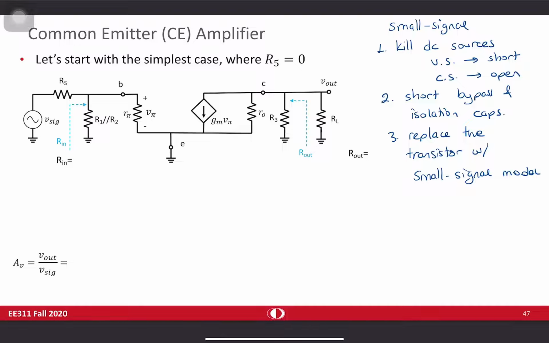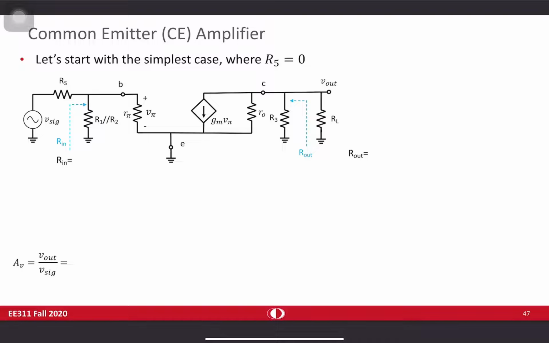Now let's find the three important parameters that we are seeking: input resistance, output resistance, and the voltage gain. For this particular case, let's assume that R5 is 0, so there is no degeneration.